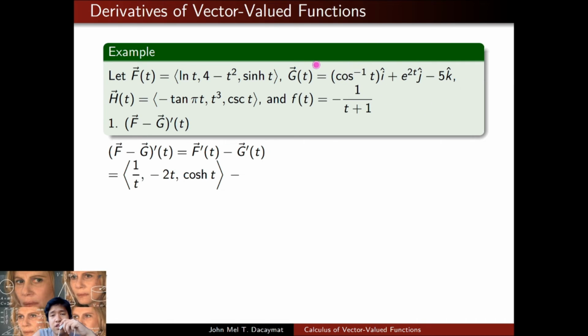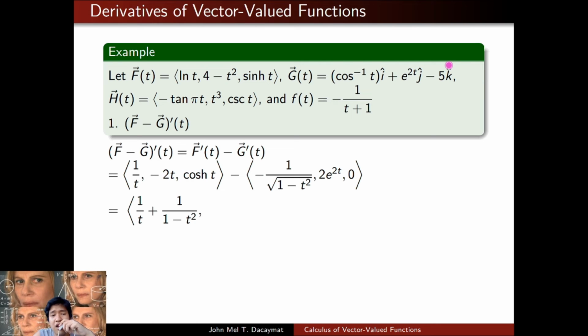It was written in standard basis vector notation, but I'll make it a vector so they are the same. The first component is the derivative of cosine inverse, if you remember. e to the 2t becomes 2e to the 2t, and then negative 5. The third component of G has a derivative of just 0.